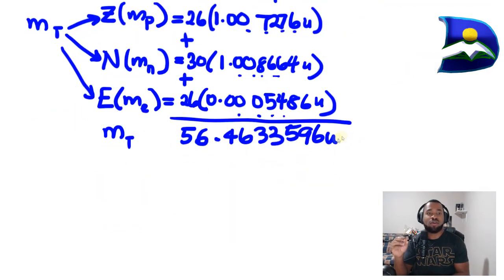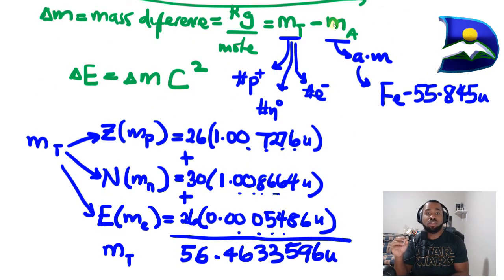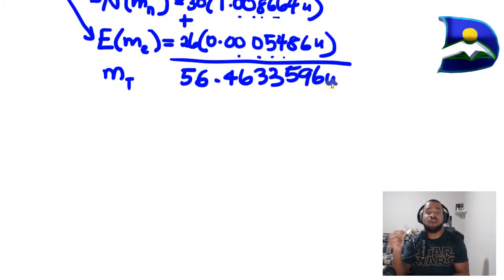And we are now going to determine the other variable, which is MA, which is our atomic mass unit of our iron.